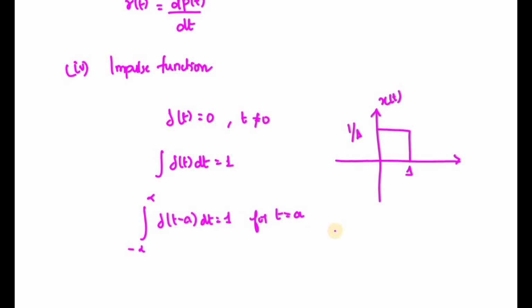So whenever t is equal to a, you will get the amplitude as del of t minus a. And the signal is 0 for other values of t.